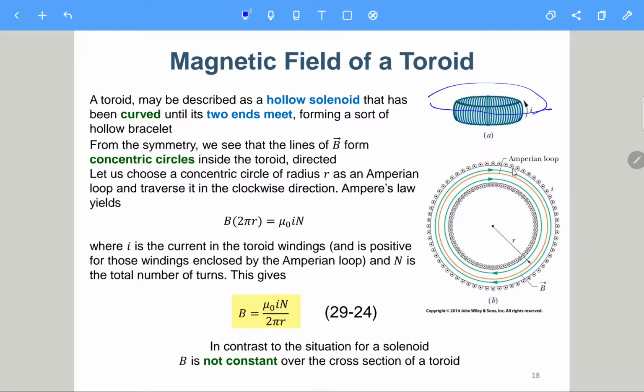You can use the right hand rule: use your forefinger to follow the direction of the current, and then your thumb will point to the direction of the B field.